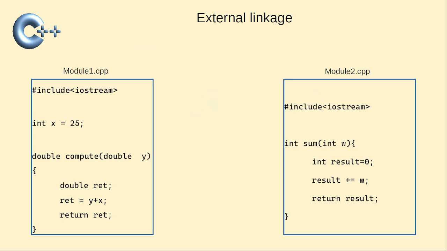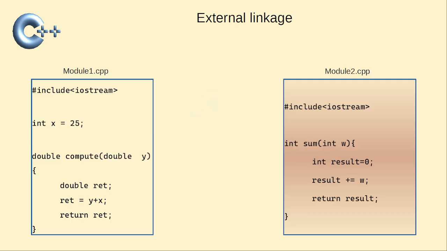These two files can be seen as a very simplistic form of two modules. Module 1 has a global variable x of int type initialized to 25, and it has a function called compute, receiving double type data, adding it to x and returning the result.